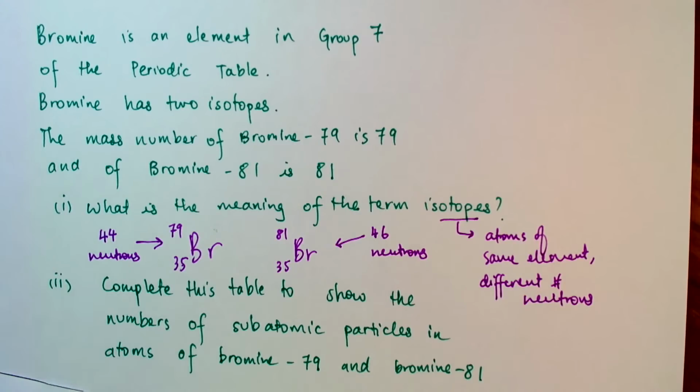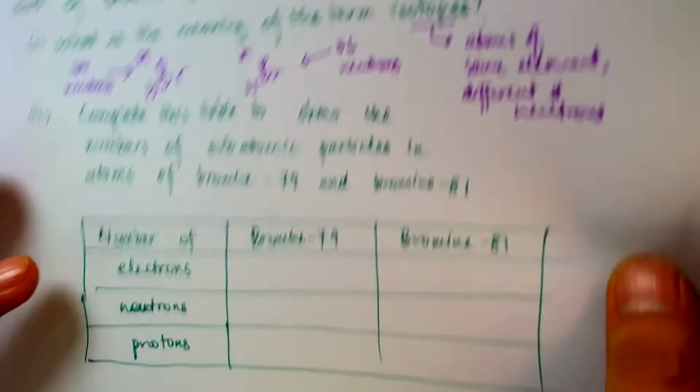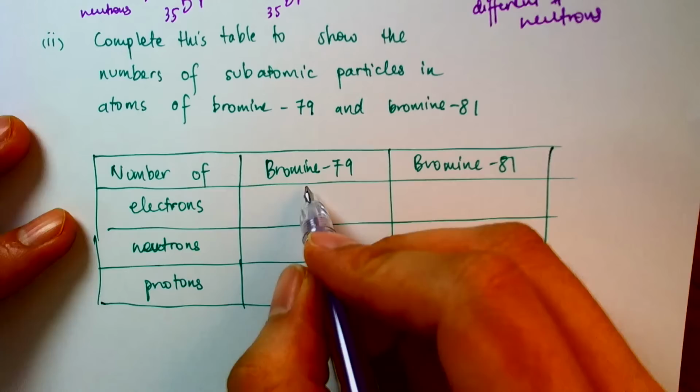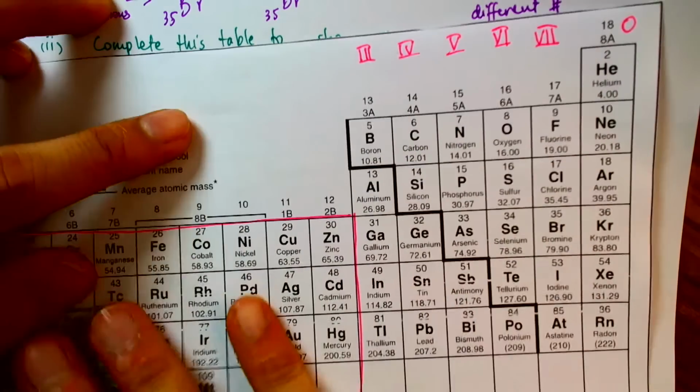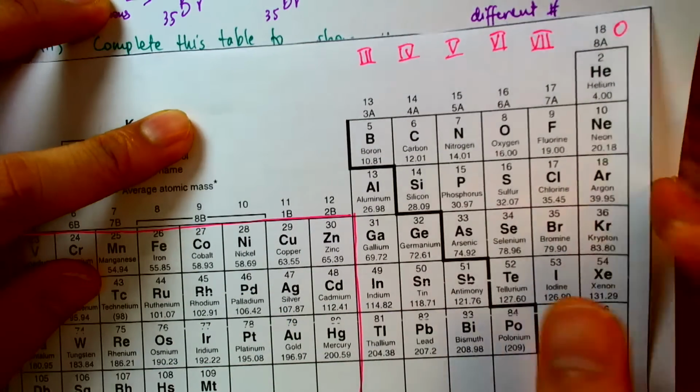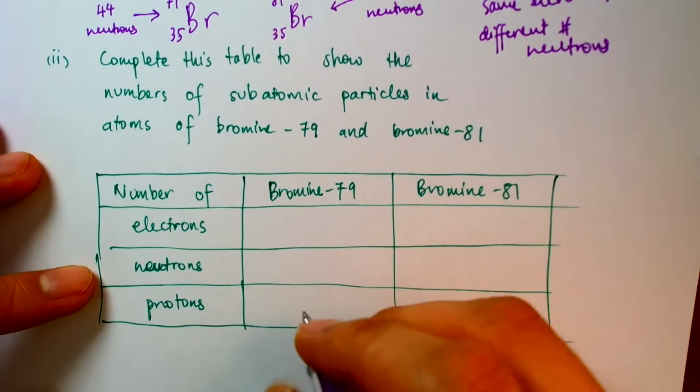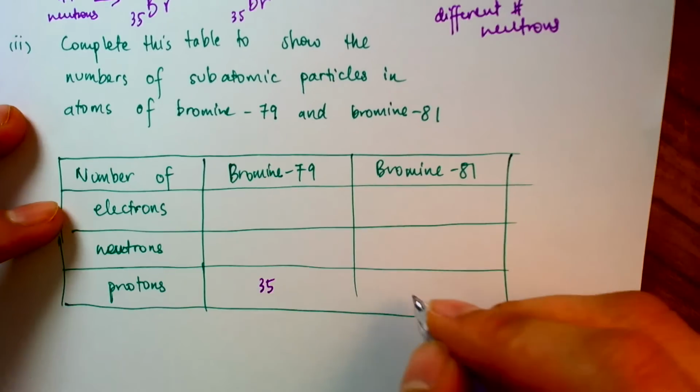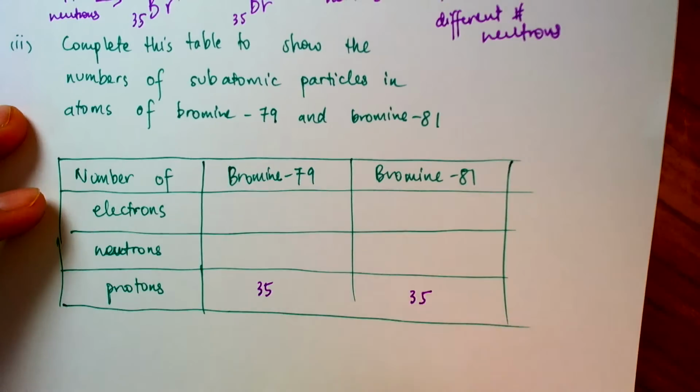Part 2: complete this table to show the numbers of subatomic particles in atoms of bromine-79 and bromine-81. We've seen that from the periodic table, bromine is element number 35, so we would have 35 protons for both of them because they're both bromine.